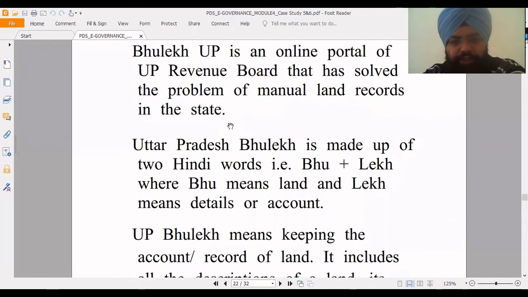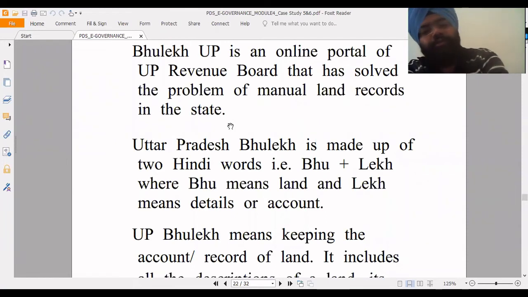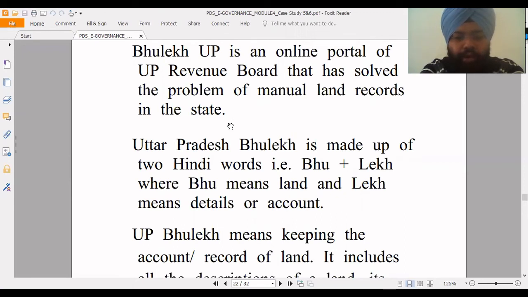So with this, we conclude that the Bhulek UP is an online portal of the UP Revenue Board that has solved the problem of manual land records in the state. Uttar Pradesh Bhulek is made up of two Hindi words, Bhu plus lekh, where Bhu means land and lekh means detail or account.